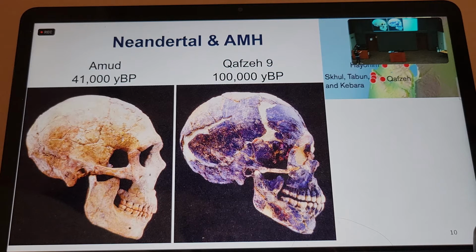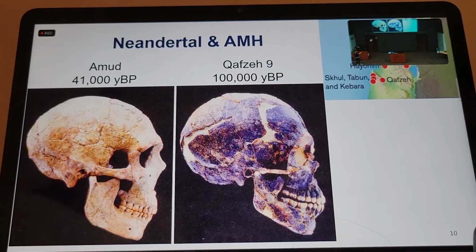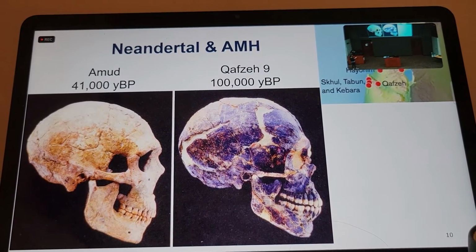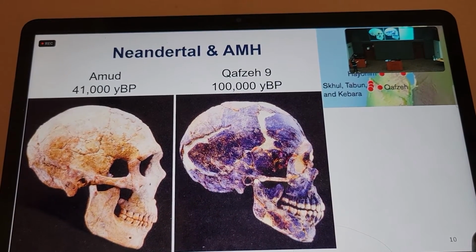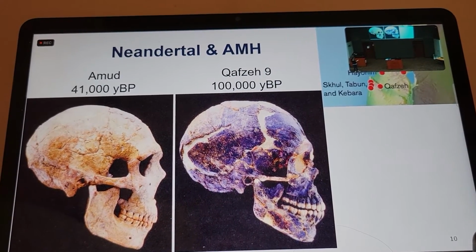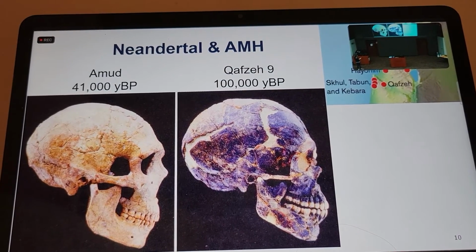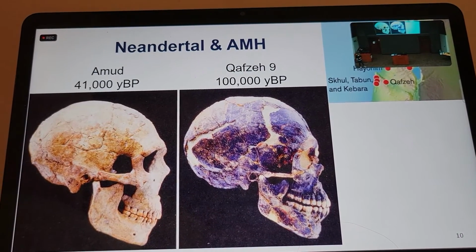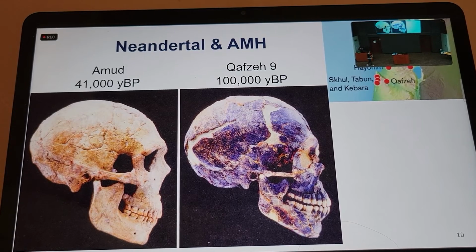Whereas in this anatomically modern human, you have this really high globular vault, very rounded posteriorly, you don't have that mid-facial prognathism, and you've got that anteriorly projecting chin. This sort of hints at it, but it is not a true anteriorly projecting chin.